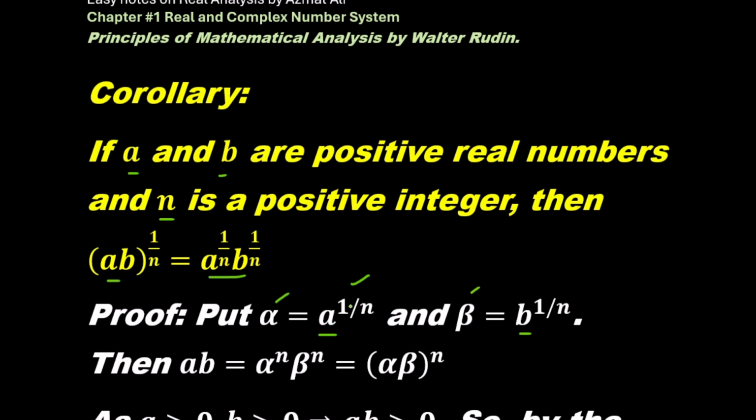Then if you take power n on both sides, this gives a is equal to alpha whole power n. Similarly, we can write b is equal to beta whole power n. Now taking the product a into b, as a is alpha raised to power n and b is beta raised to power n, by combining, we have alpha into beta whole power n.